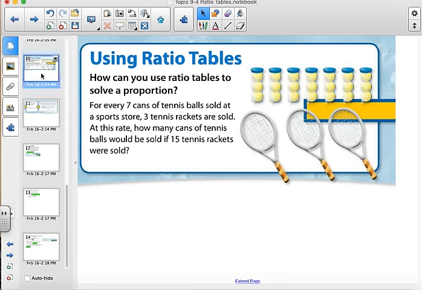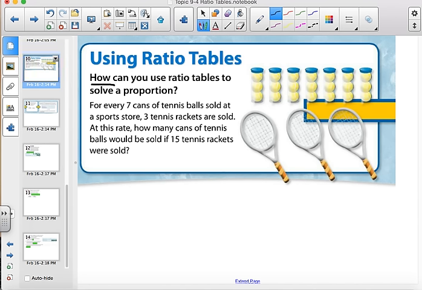In the book, they begin by talking about ratio tables and using them to help you solve a problem. So how can you use ratio tables to solve a proportion? Remember that a proportion is an equivalent amount to some ratio.